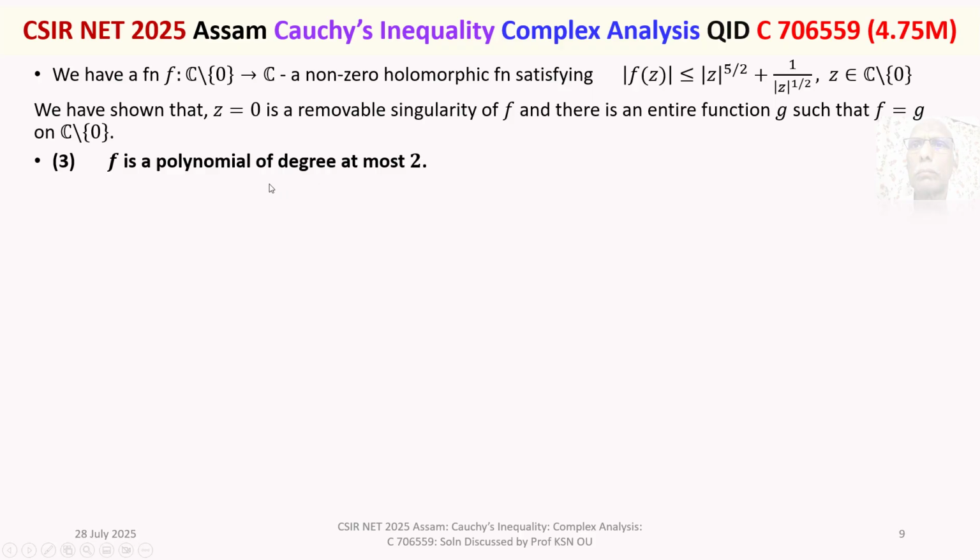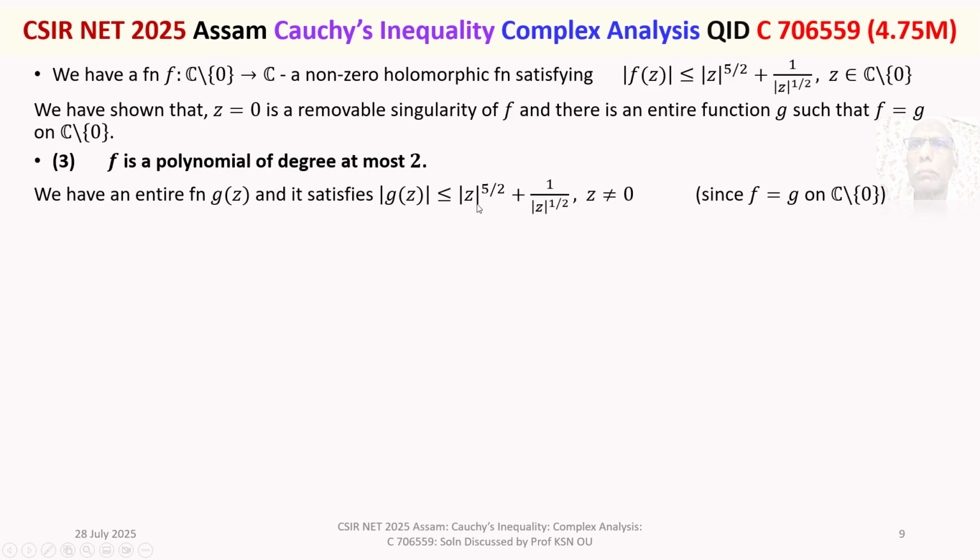So we have an entire function g of z and it satisfies mod g z is less than or equal to mod z to the power of 5 by 2 plus 1 by mod z to the power of 1 by 2, z not equal to 0. Right. We want to find the nature of g of z.